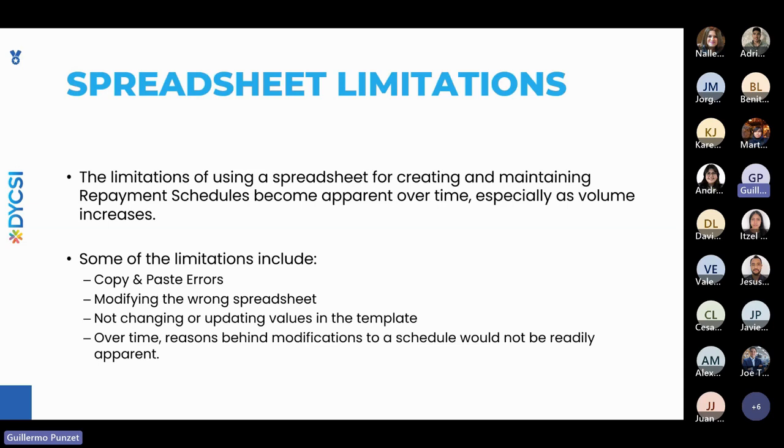You can have copy and paste errors. You could modify the wrong spreadsheet. You might not save the spreadsheet, and you might not actually update all of the values in the template you're using for creating or updating any particular loan. And also very important, over time, the reasons for modifications to a schedule will not be readily apparent.